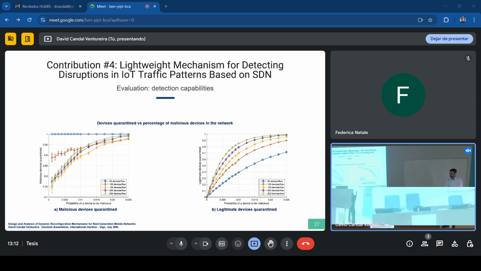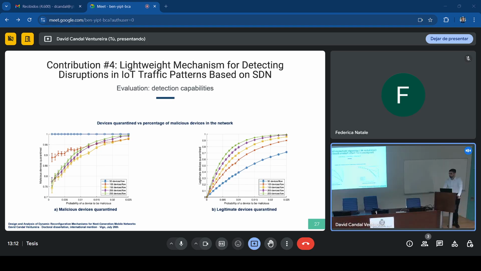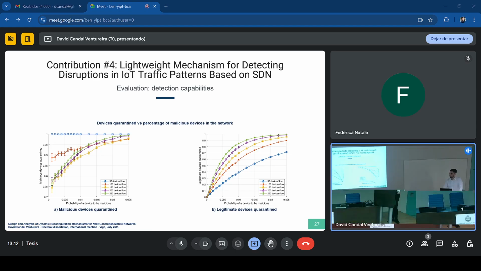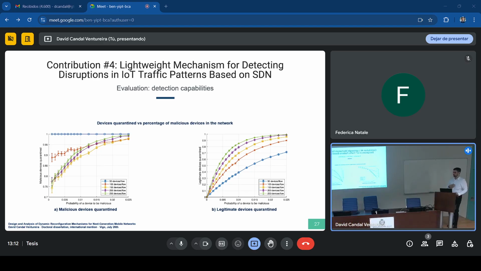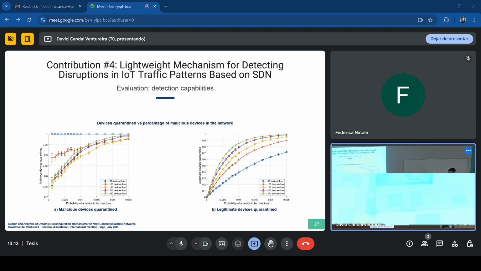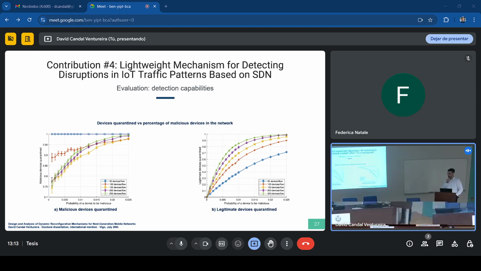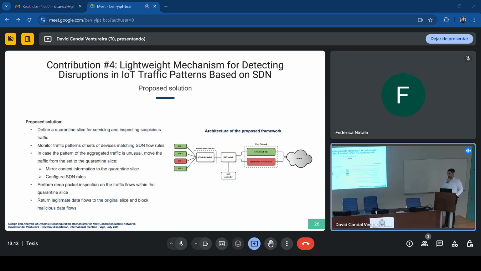Okay. Sorry. What I wonder is, you have the results when you separate the traffic, okay? And you have the malicious one going by one of the slices. This is analyzing when the traffic is mixed, and then we separate the traffic. Yeah, but the inspection of the packet is done inside the malicious slice.